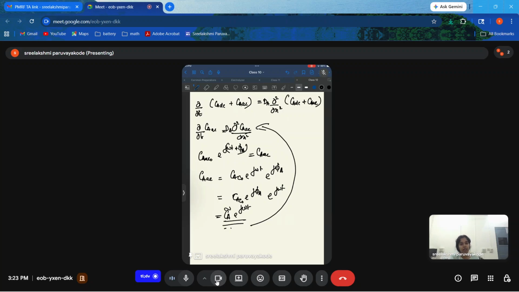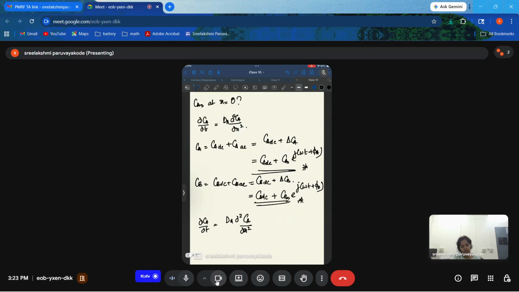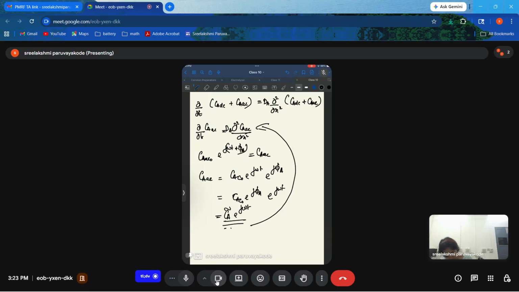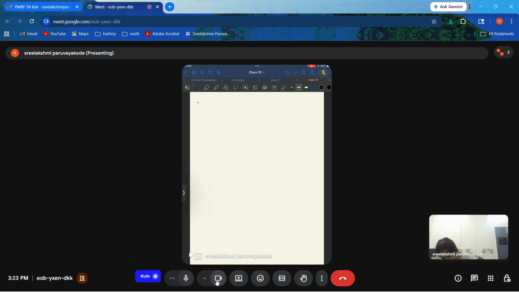So that's why we are writing it in terms of polar coordinates. Here we have written in terms of polar coordinates because we are going to deal with unsteady state. So let's substitute.